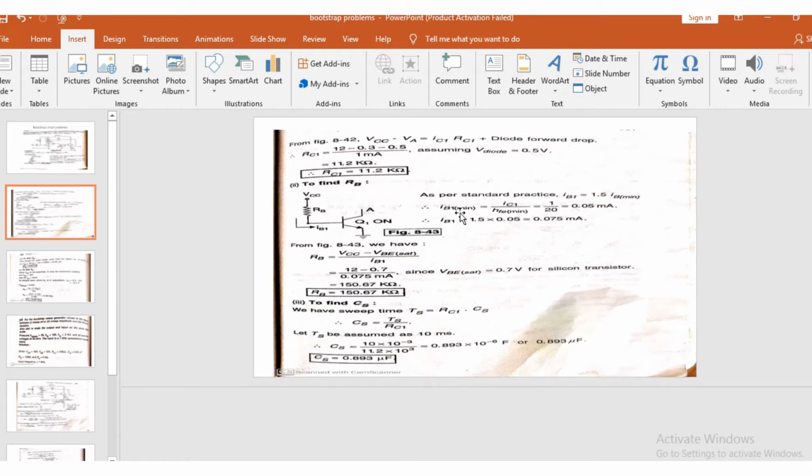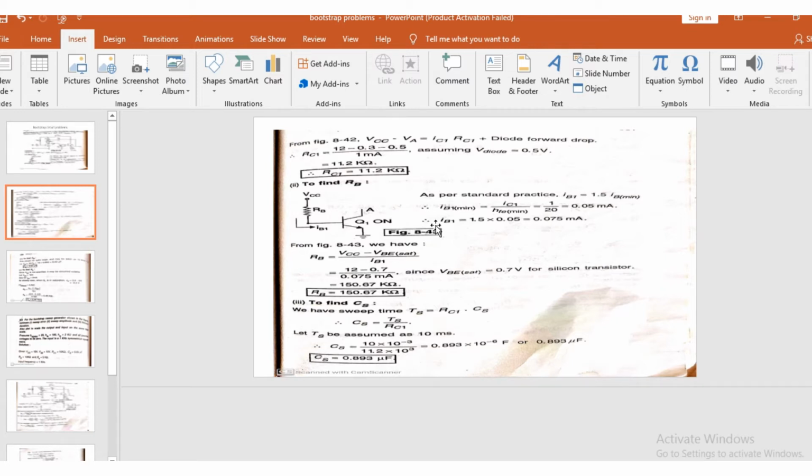Now substituting the values. The formula for finding IB1 minimum is IC1 by HFE minimum. HFE minimum is given in the question as 20 and IC1 is given as 1 milliamp. Substituting the values we get 1 by 20, which is 0.05. So IB1 is 1.5 times 0.05, which gives IB1 equal to 0.075 milliamps.